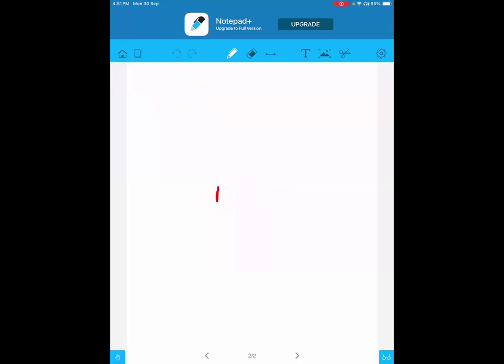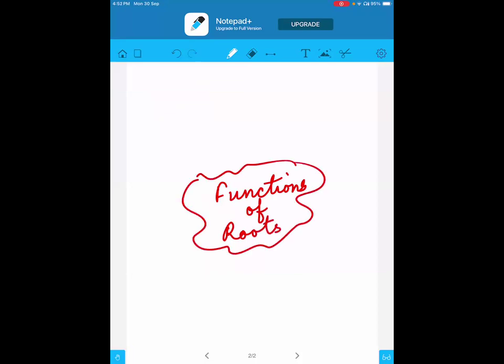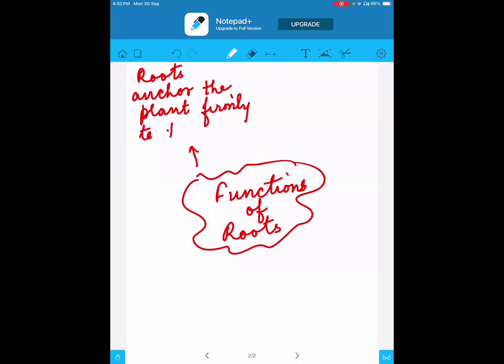Okay, going to the functions of roots. The first function, as you all said, is to anchor. Roots anchor the plant firmly to the soil, and because of the firmness, they also give support.